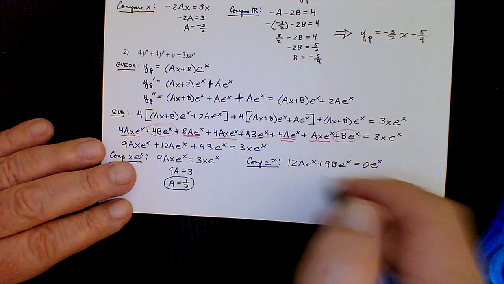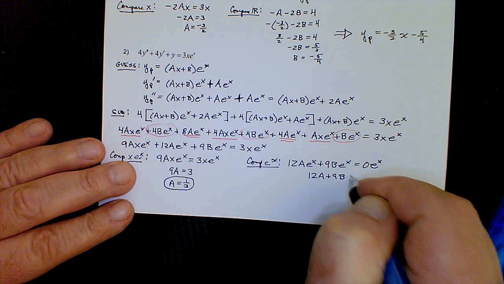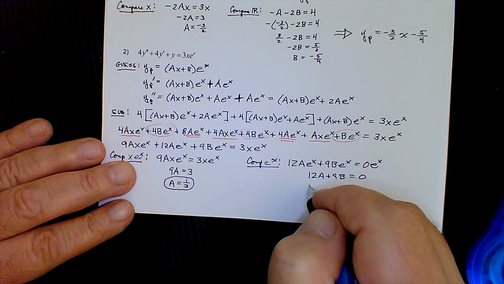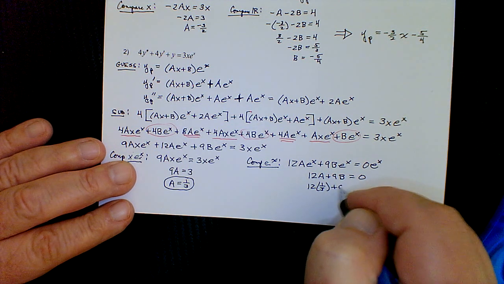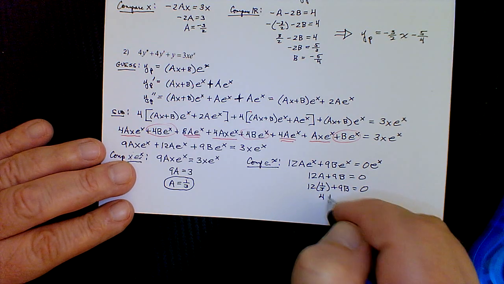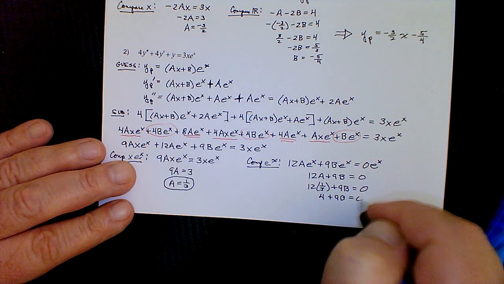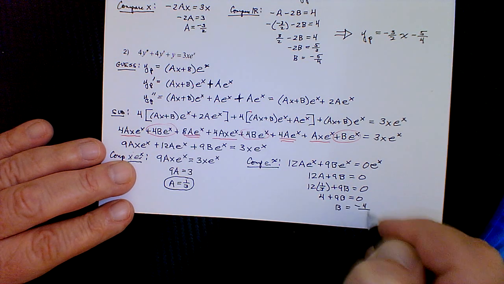So dividing out the e to the x's, we get 12a plus 9b is 0. Fortunately, we know a, so 12 times 1/3 plus 9b is 0. So that's 4 plus 9b is 0, and b is -4/9.